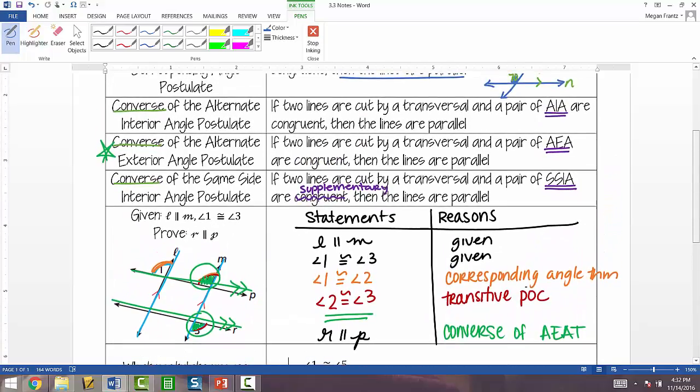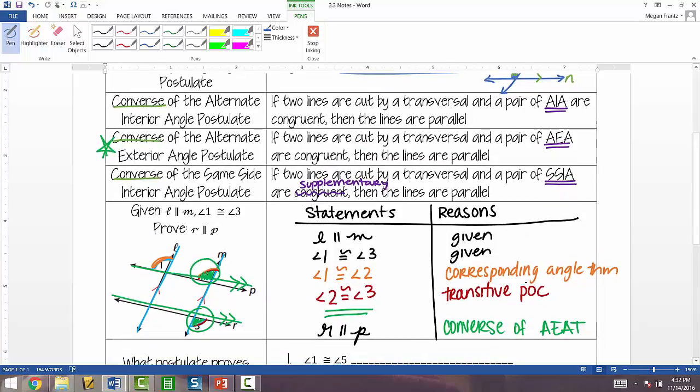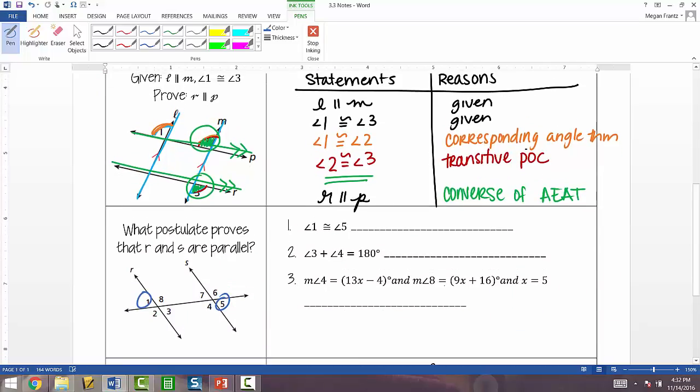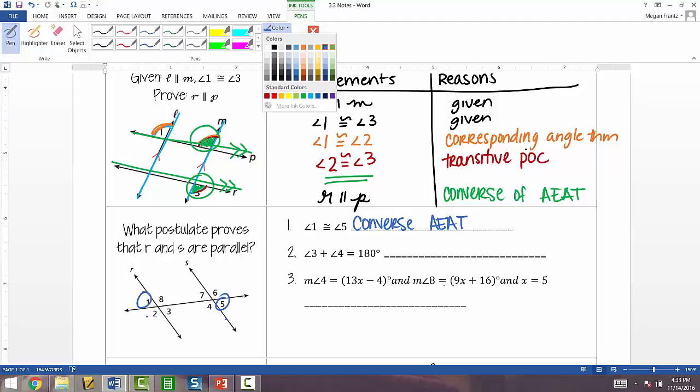Those two angles are alternate exterior angles. So we got to use this guy again. He's a popular one. So I know that by the converse of the alternate exterior angle theorem, that if those guys are the same, then R and S has to be parallel. Let's look at another set of these.